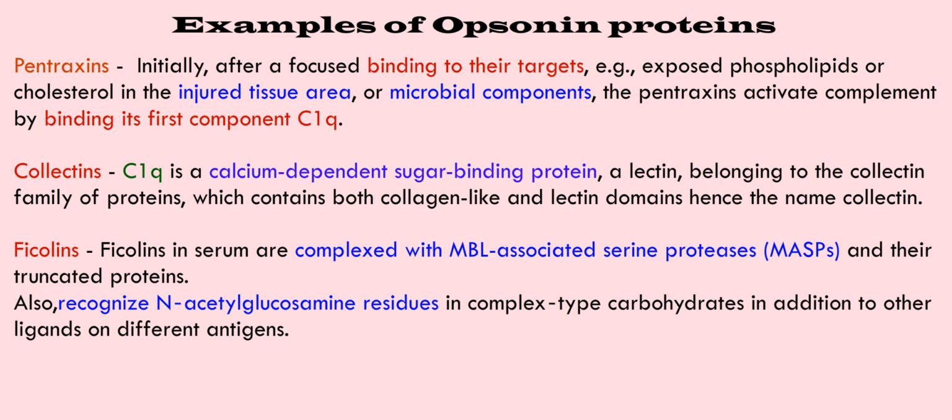These proteins are the PRR or pattern-recognizing receptors capable of coating the microbes as an opsonin, which enhances the activity of neutrophils by several mechanisms. Example: ficolins typically recognize N-acetyl glucosamine residues in complex-type carbohydrates in addition to other ligands on different antigens.